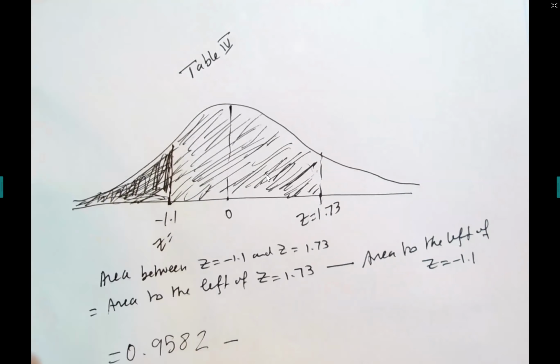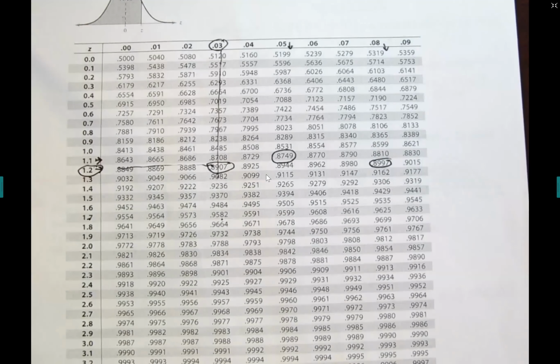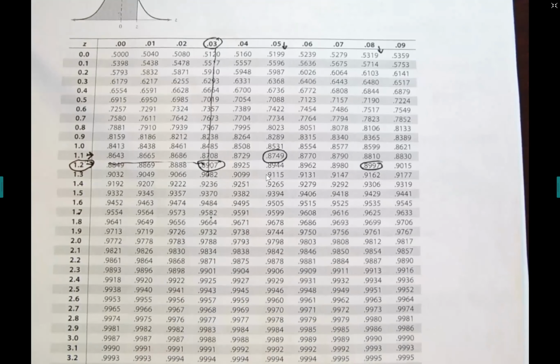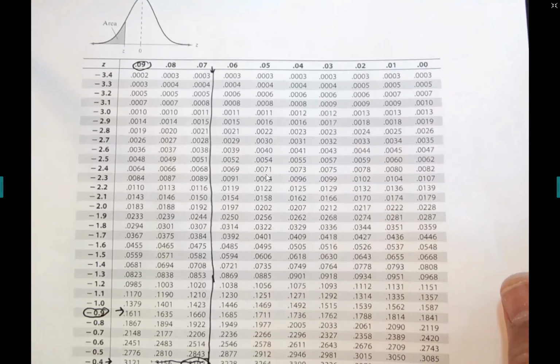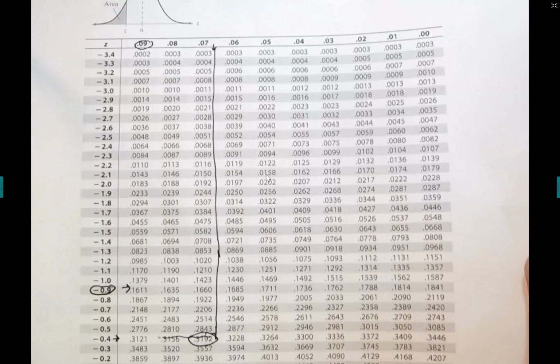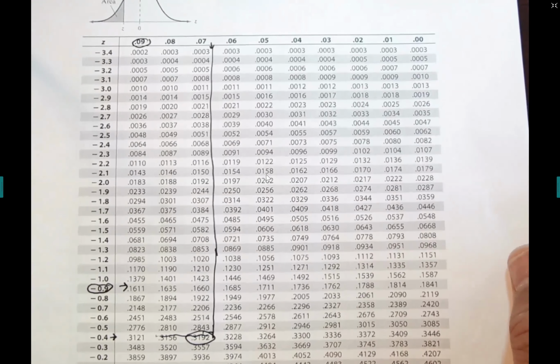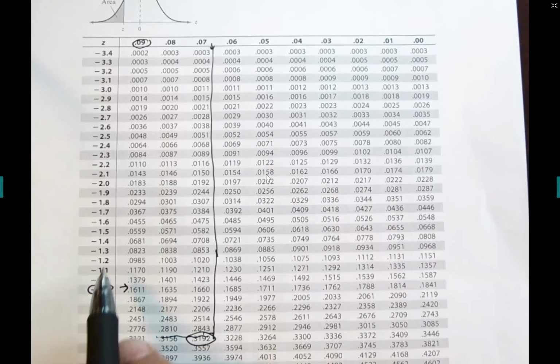Minus. Now we need the other table, which is the negative values table. I need to get you this one with negative values. And it's negative 1.1, guys. Negative 1.10 if you don't see a second, the 100th digit. So this is the negative 1.1.